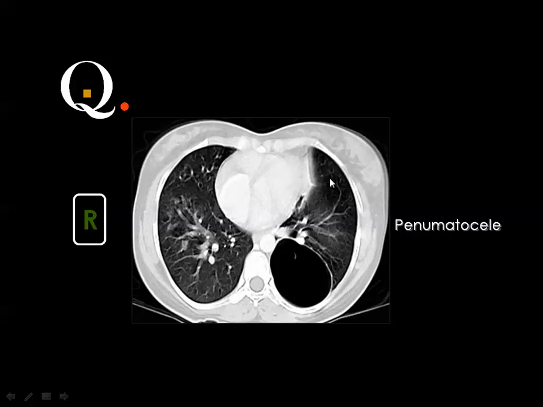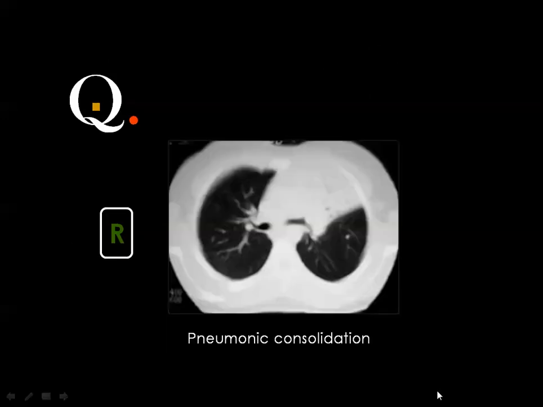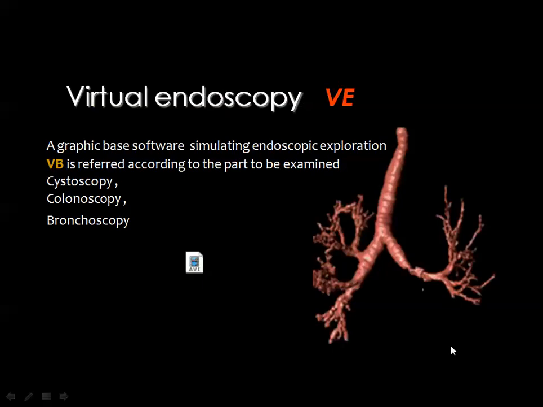And this is the lingula, this is the middle lobe, and of course this cavity will be in the left lower lobe. And this is pneumonic consolidation with air bronchogram at the level of the tracheal bifurcation. When the trachea is divided, the section will be divided into upper lobe anterior and lower lobe posterior, and this is the left lung and left upper lobe.